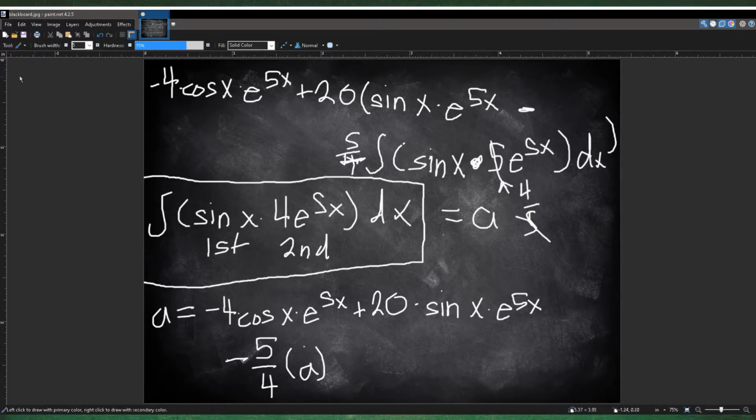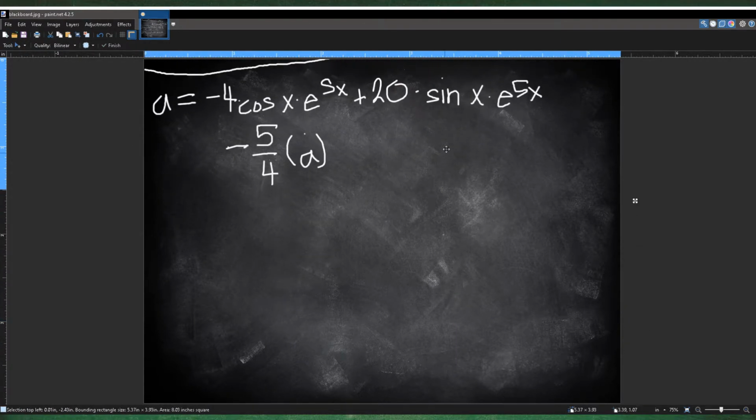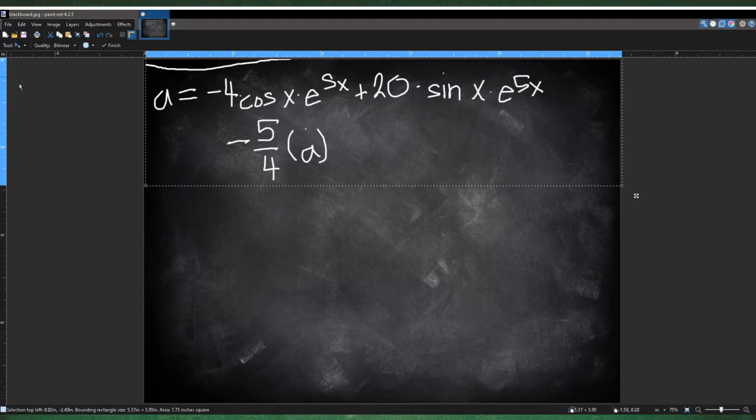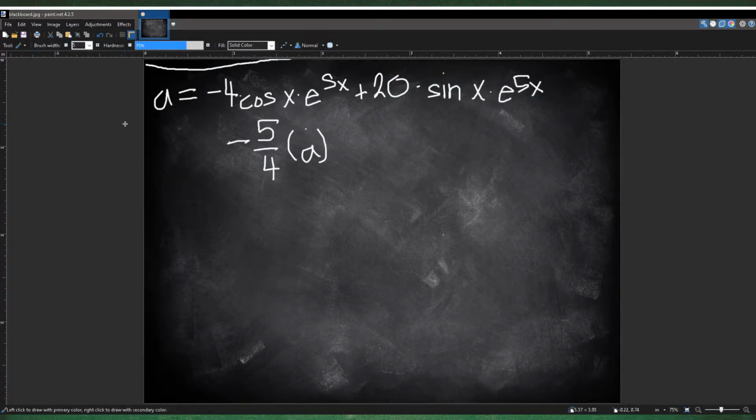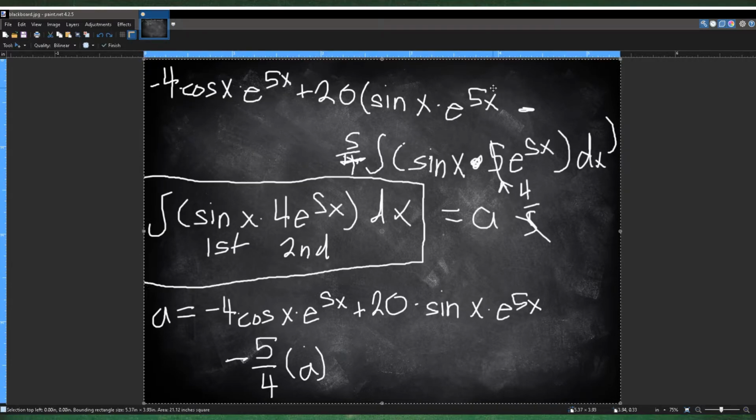So what we have is, move this up, and then we can do the math. And now we have a is equal to -4 cosine of x times e to 5x plus 20 times sine of x times e to 5x. Actually, let's move this down back.